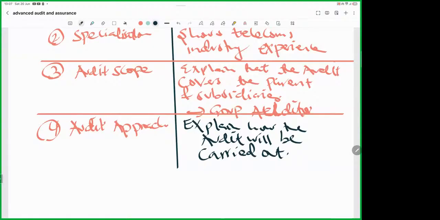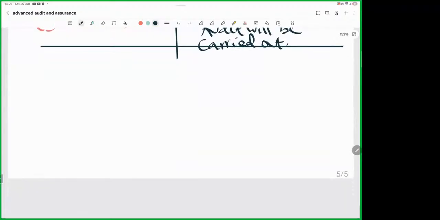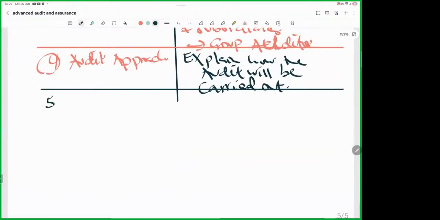Explain how the audit will be carried out. Remember, it's just general. Otherwise, you don't have a lot of information about them.